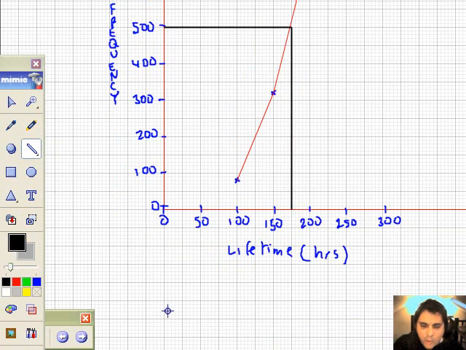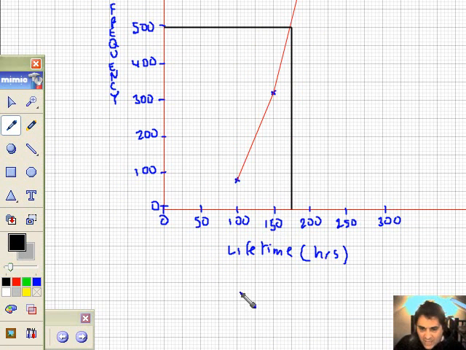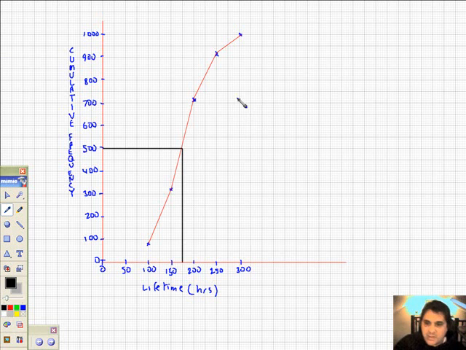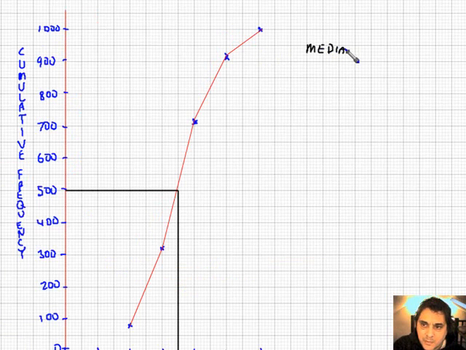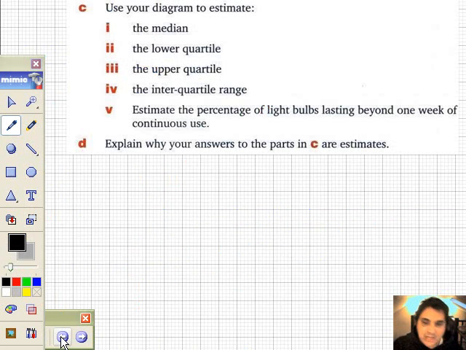So the median bulb has a lifetime of 175 hours. Median equals 175 hours. Now of course, if you plot your own graph and it's slightly out and your line isn't perfect, like mine isn't, you might get a slightly different answer, but there are permissible ranges of answers that examiners will accept.